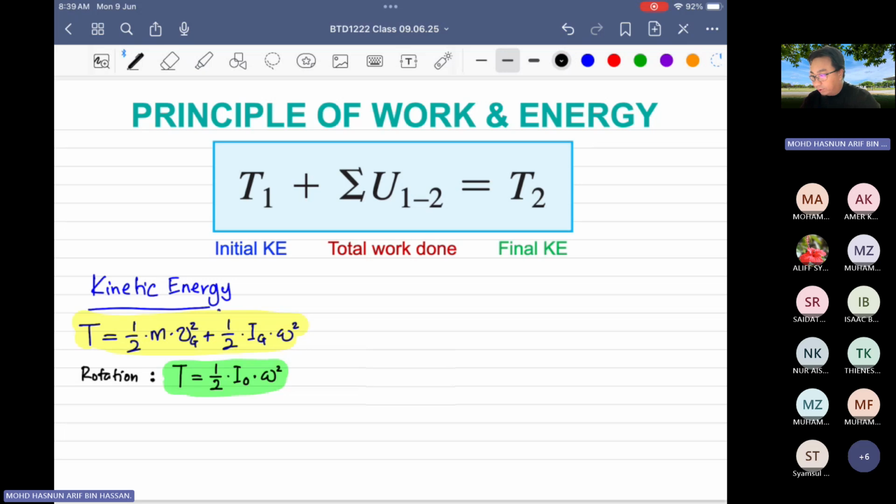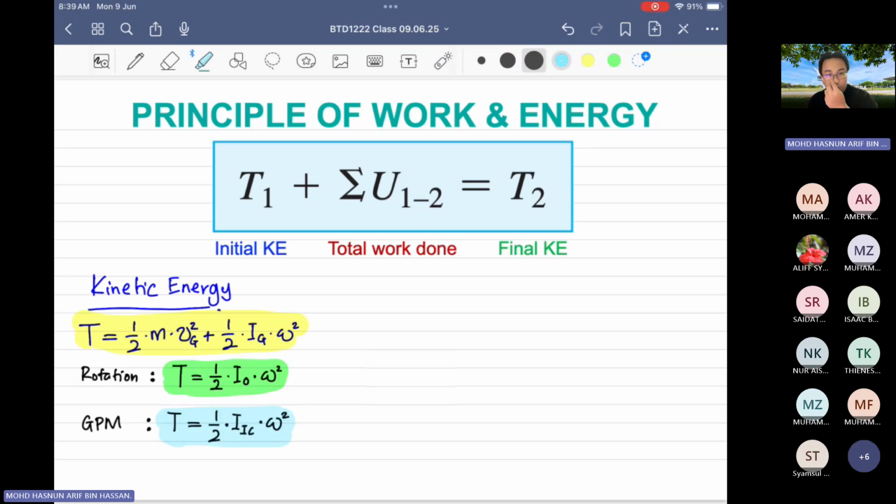For general plane motion, we can also simplify the equation. You have to calculate the mass moment of inertia at the location of IC. So the equation will be 1 over 2 times IIC times omega square. So these are three equations that you can use to calculate kinetic energy.